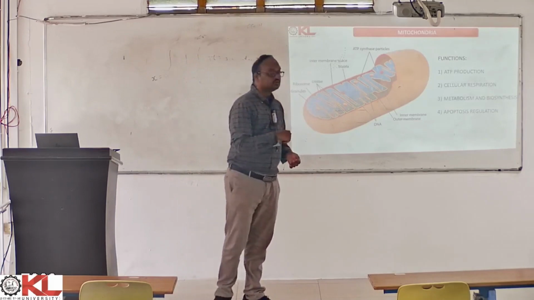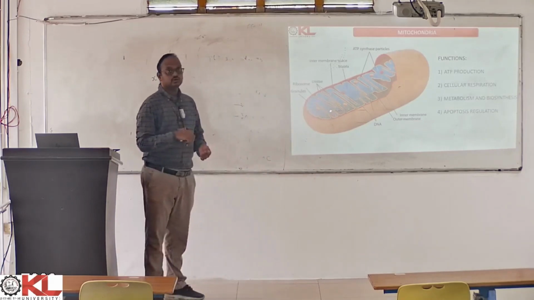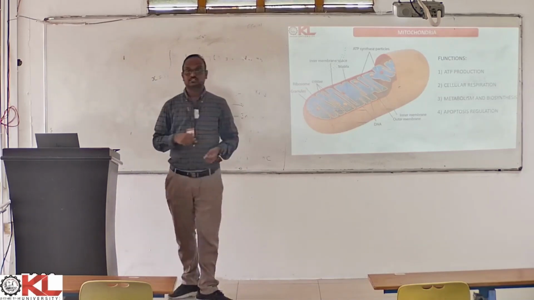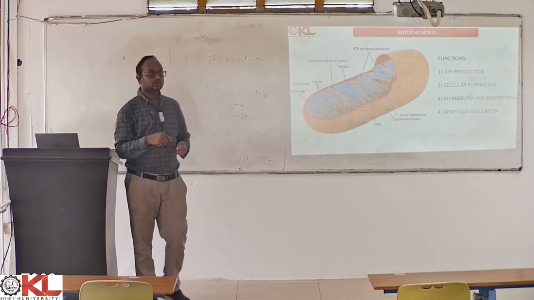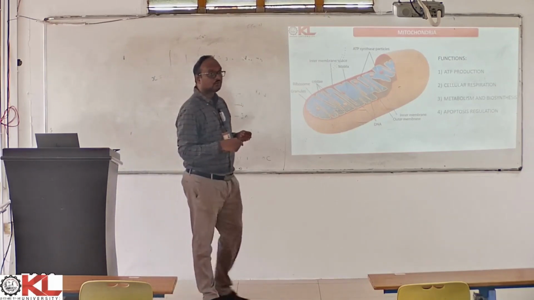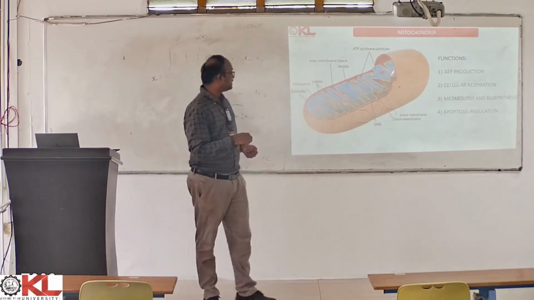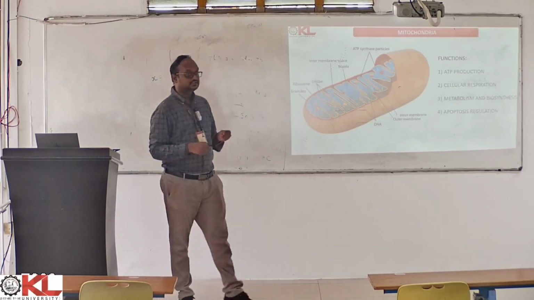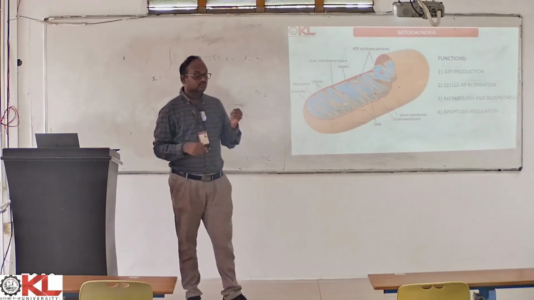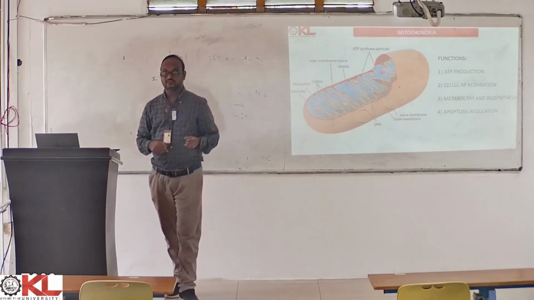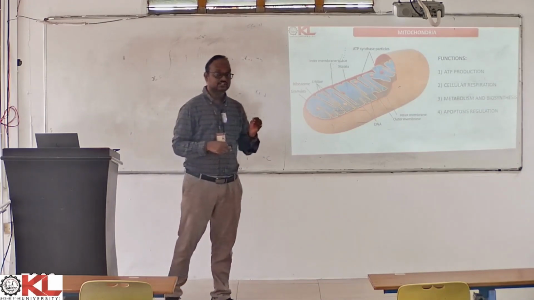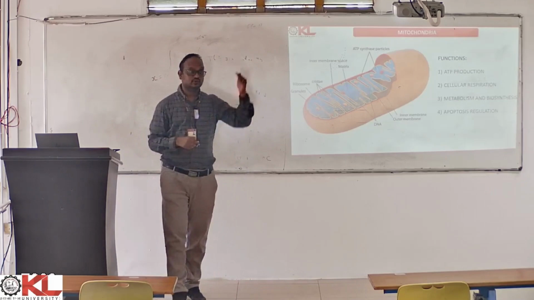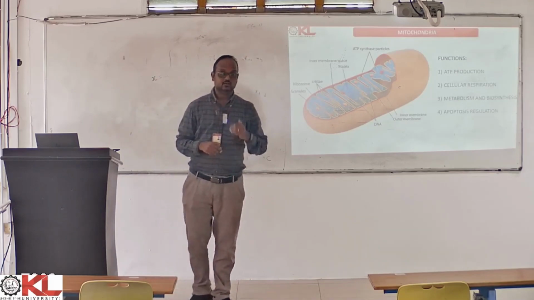So you have so many ribosomes inside the mitochondria, and the mitochondria also has a DNA inside it, which is called maternal DNA or mitochondrial DNA. This mitochondrial DNA has very high significance, because it is a hereditary structure which came from maternal origin. That means it is transferred from the mother to the child, not from the father.